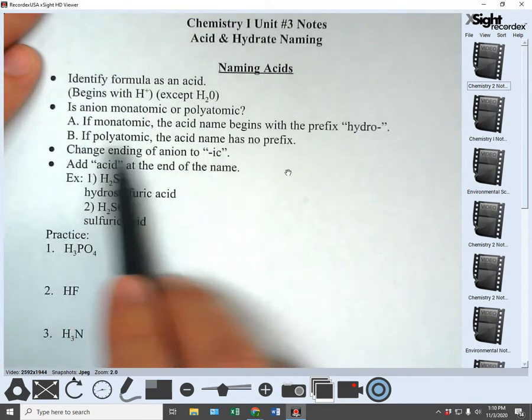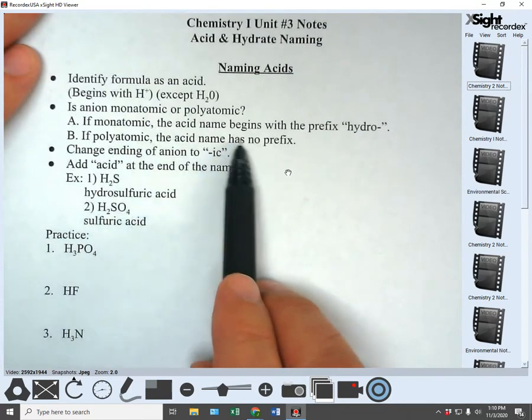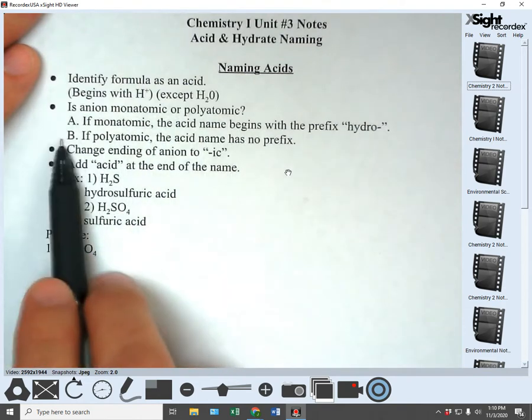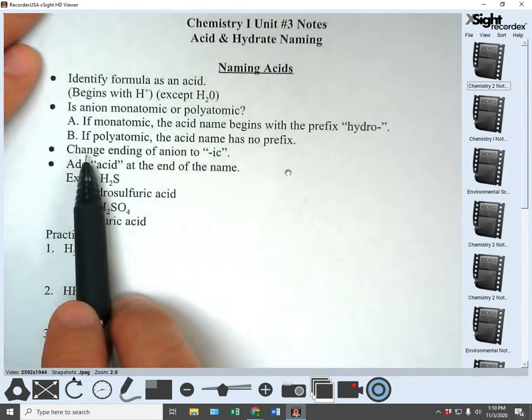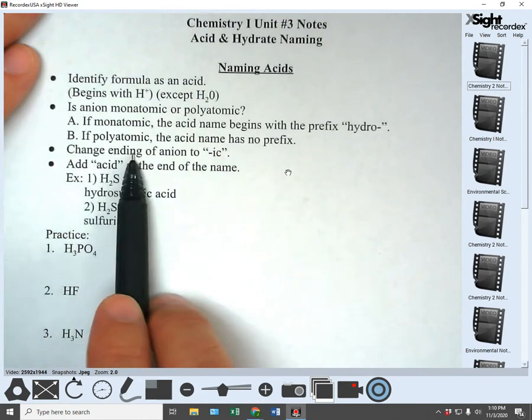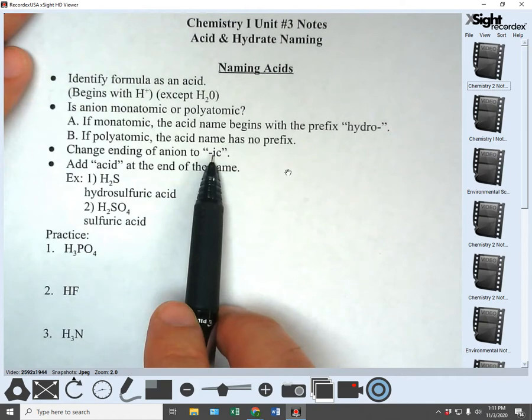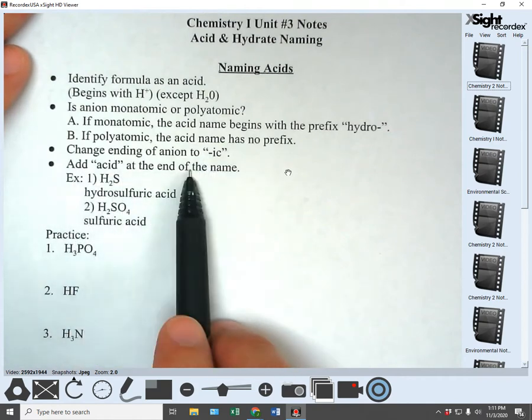If it's polyatomic, the acid name has no prefix. No matter which one it is, you change the ending of the anion to the suffix "ic," and then you add acid at the end of the name.